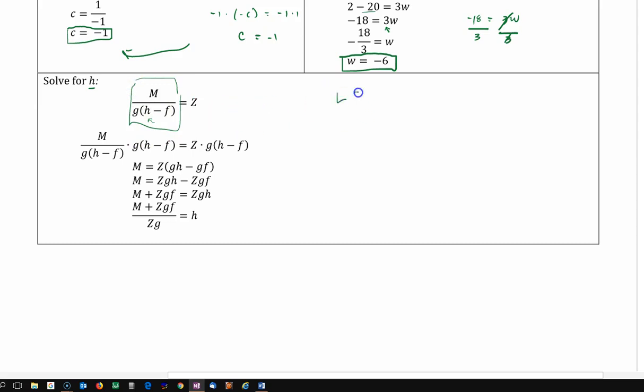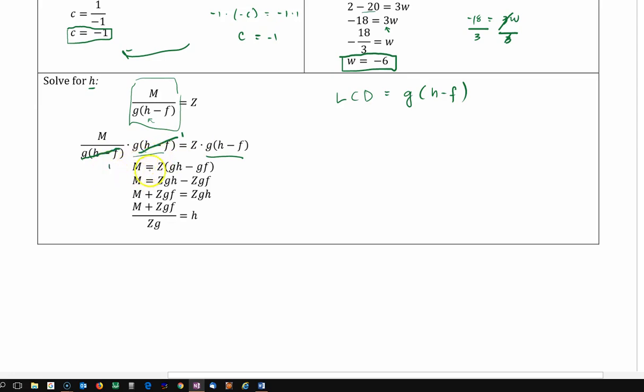So you get the LCD, which is gh minus f, the denominator. We multiply both sides by that LCD. And then we cancel the common factors, the top and bottom. There we go. So 1, 1. So now the fraction is gone.